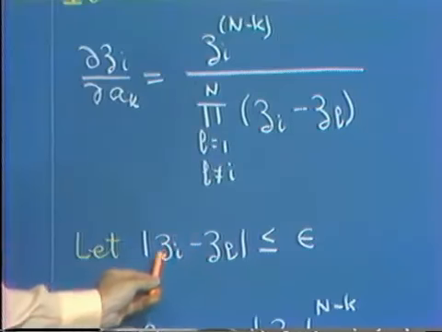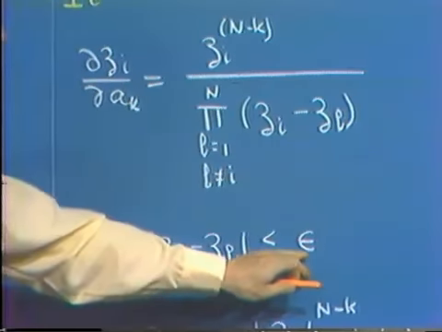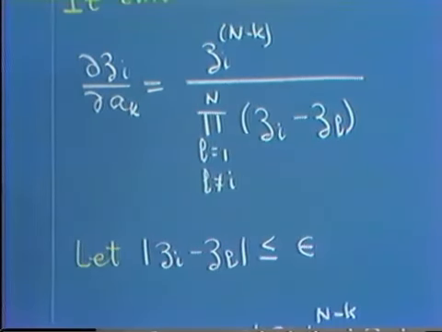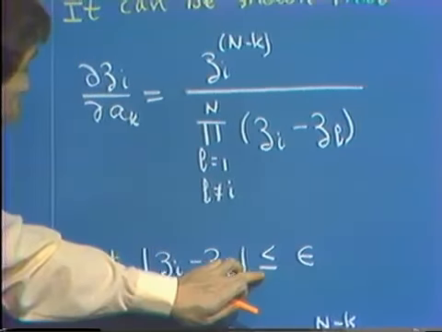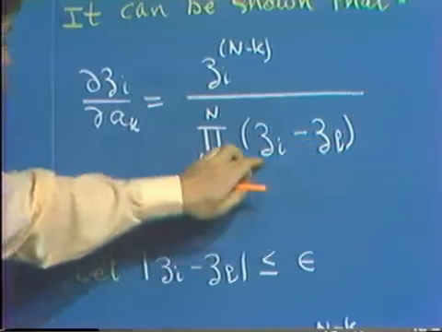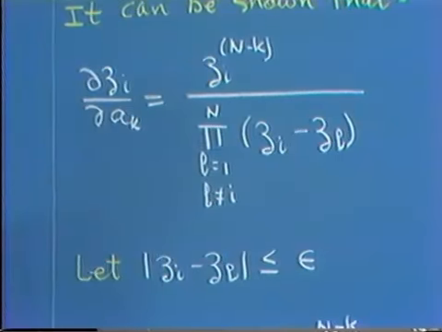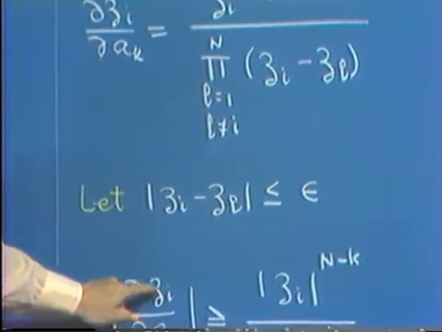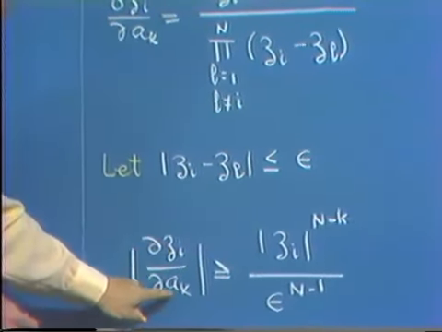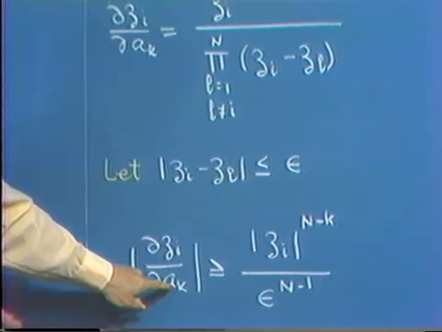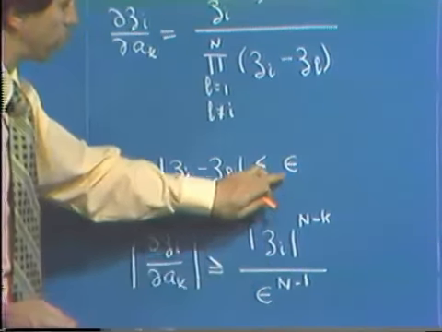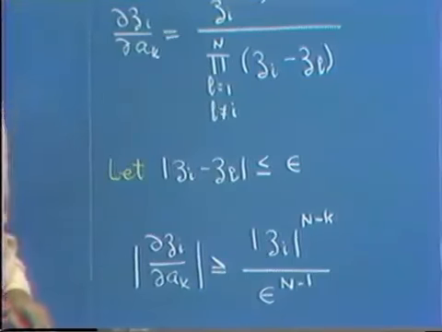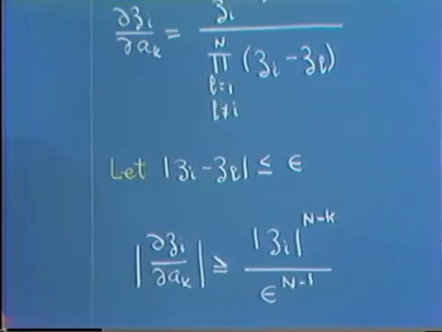In other words, the largest distance between the poles is epsilon. What that says then is that when we substitute that in for this expression, the absolute value of the change in the pole location with respect to a change in the coefficient has in the denominator epsilon raised to the nth power. Well, what does that mean?